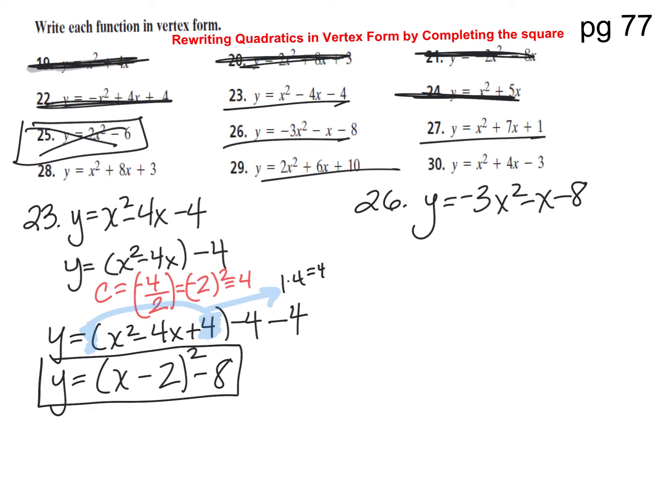Okay, 26, and I think we started this number much earlier in the lesson in second period, but that's okay. We'll just do it now for all of us. I'm going to group the quadratic and linear term together.